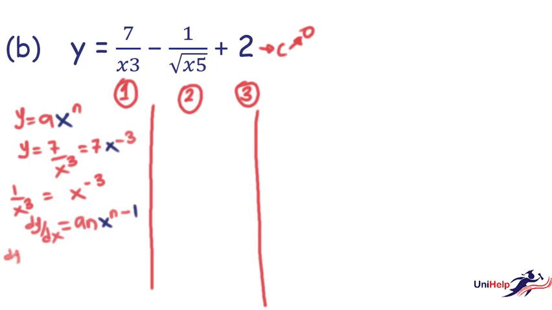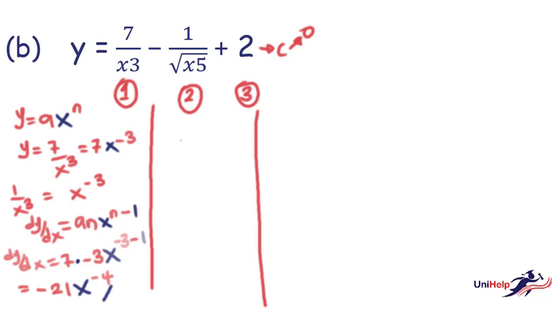That is, dy/dx for our problem: a in this case is 7, 7 times n, which in this case is negative 3, times x raised to the power n minus 1, which is negative 3 minus 1, which is equal to 7 times negative 3, which is negative 21, x raised to the power negative 3 minus 1, which is negative 4. And that's the answer to this problem.